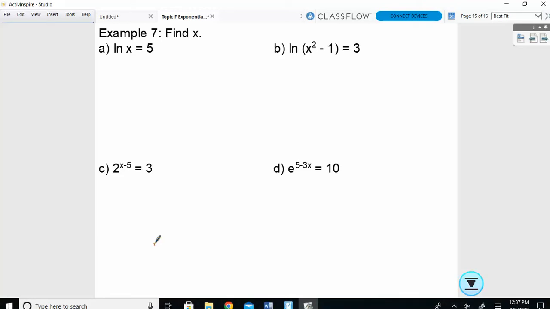You write it in exponential form. So the base of the natural log is an e. And that's my answer. You could give me a decimal, but you could just say e to the fifth. It's not a pretty answer. And on a test, you would kind of calculate it anyway, so this is all you can do.